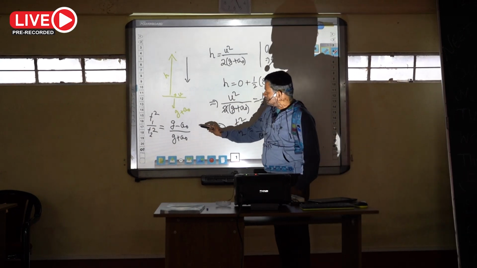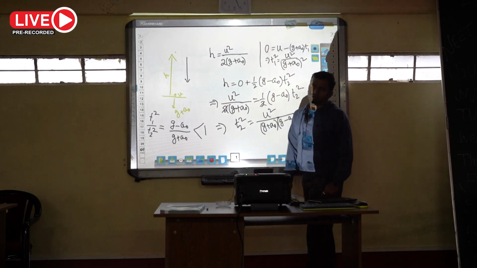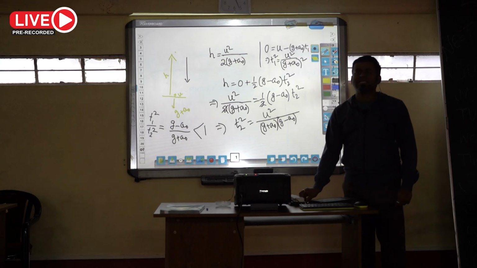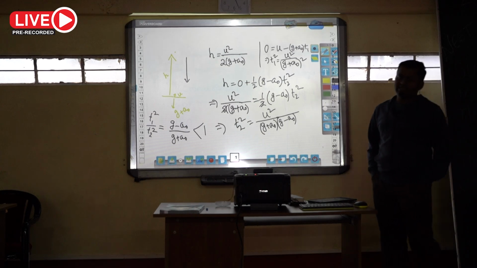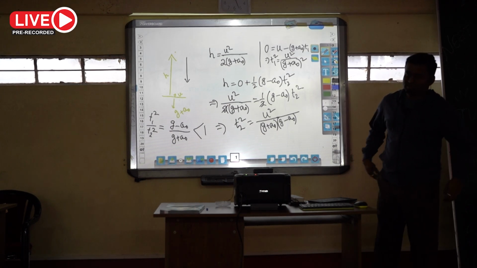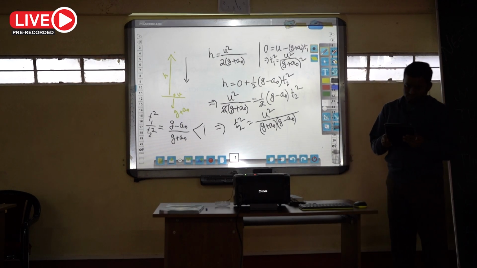So clearly it is seen that this is less than 1, because g minus a naught is always less than g plus a naught. So from that you can argue that T1 is less than T2.